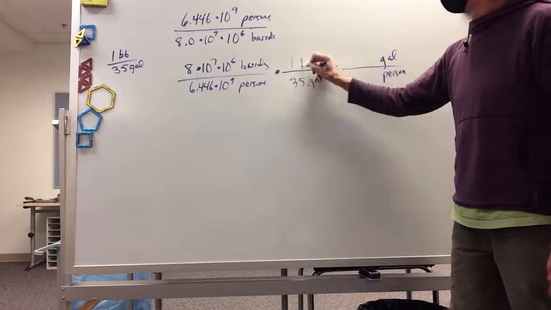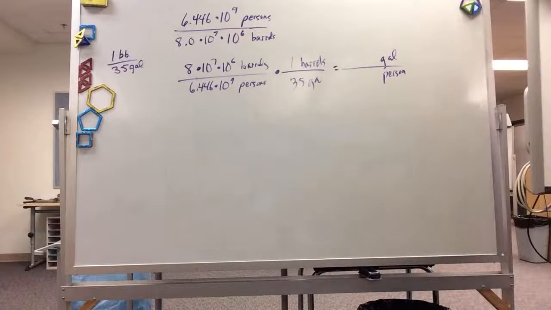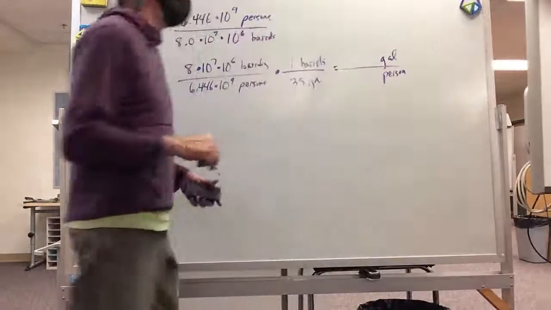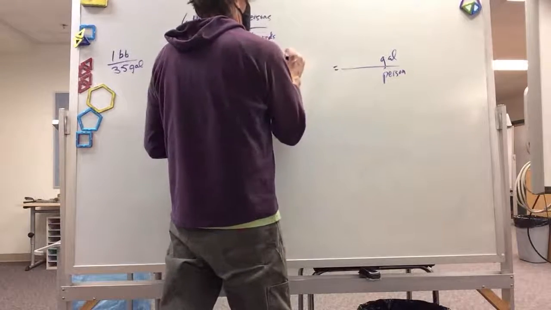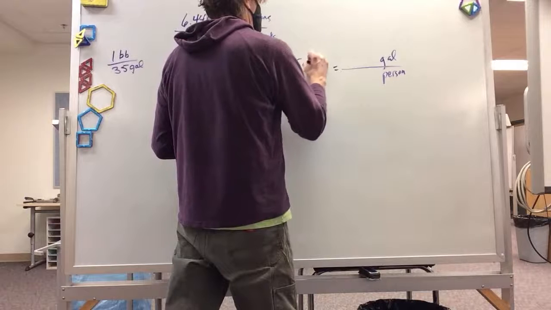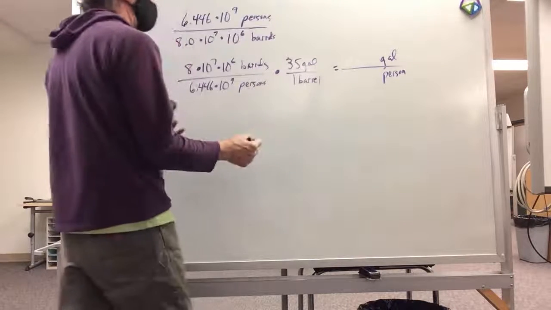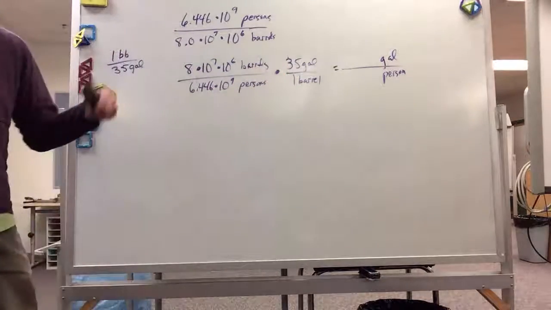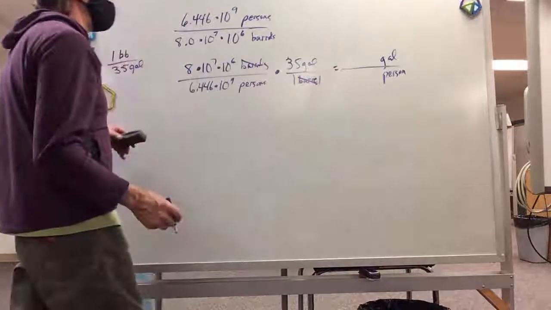Are the units going to cancel? No, you're going to have barrels times barrels. That doesn't work. You've got to flip this: 35 gallons for 1 barrel. Now when you write this out, your barrels will be multiplied by 35, so you have more gallons. That's what you'd expect. These are gone.